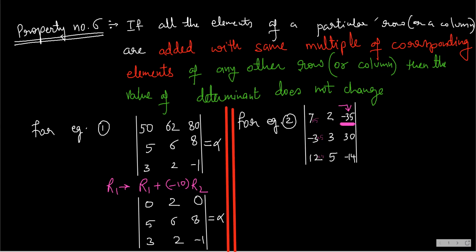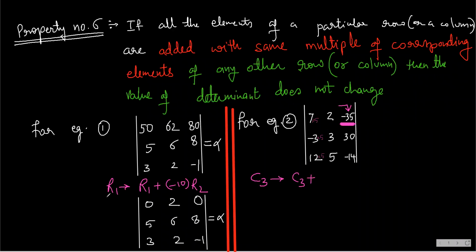Exactly. So what I will do, I will multiply with C here. Such kind of property is known as transformation. So I will write C here. C3 changes to, I'm going to do the changes in elements of column 3. C3 changes to C3 plus.